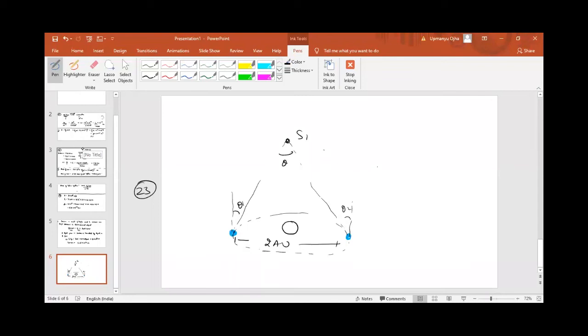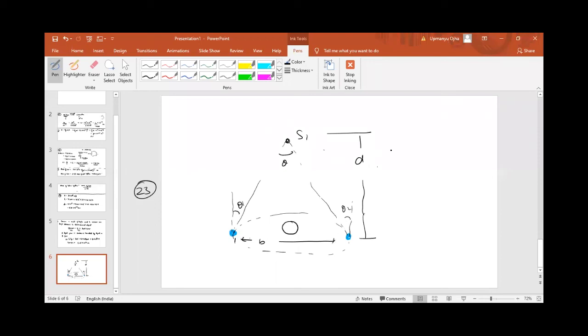Now this is the distance of the star, that is d. This distance b, we have to find. This is b, this is your d.